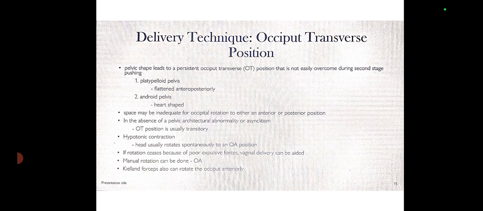In the absence of pelvic architecture abnormality, the OT position is usually transitory. With hypotonic contractions, the head usually rotates spontaneously to an OA position. If the rotation ceases because of poor expulsive forces, vaginal delivery can be aided. Manual rotation can be done here, and Kielland forceps also can rotate the occiput anteriorly.